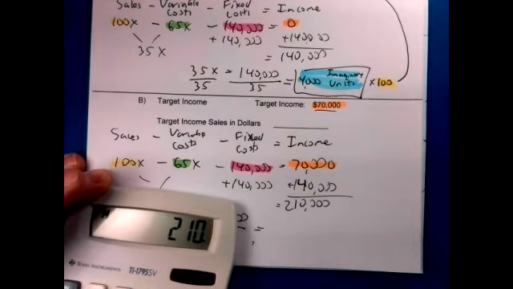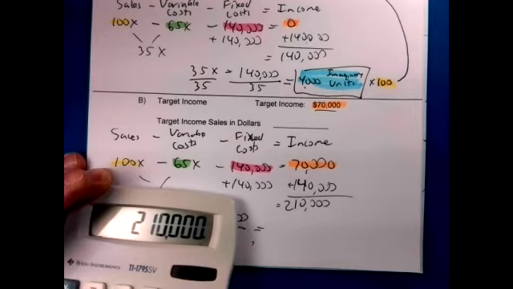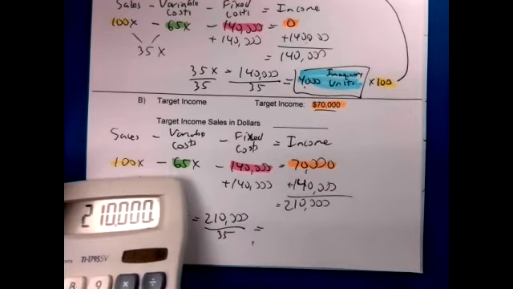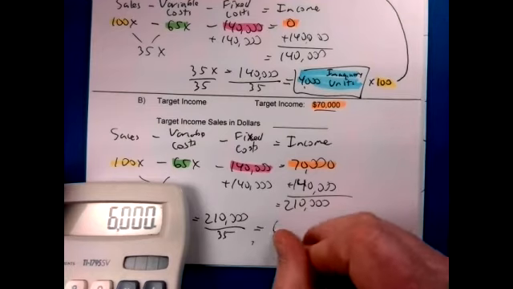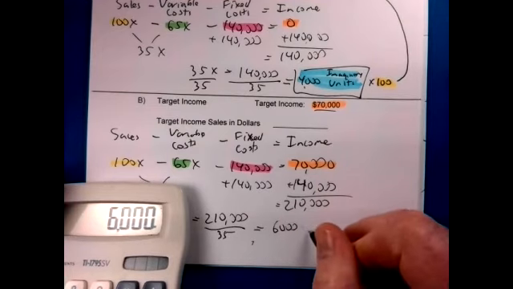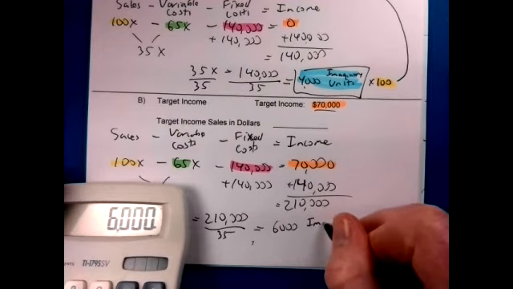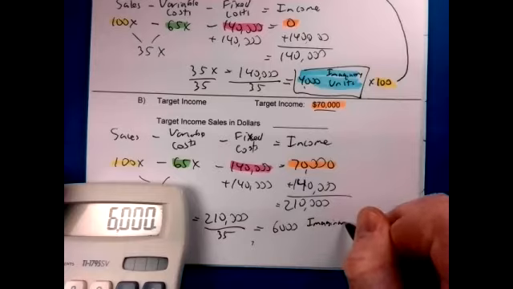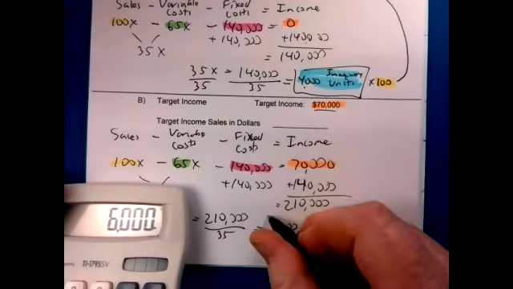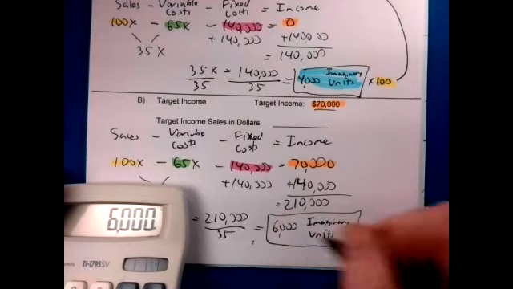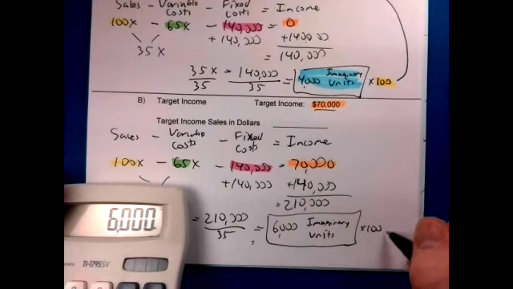Oops. 210,000 divided by 35 imaginary units, times 100.